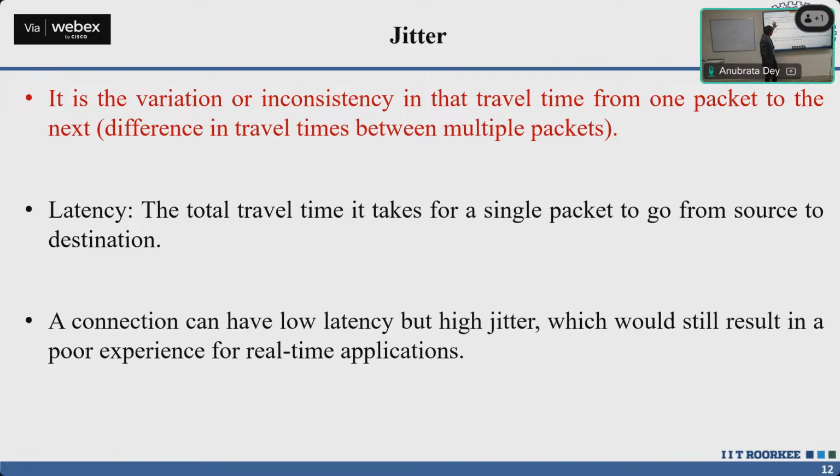Jitter is something different. It is the variation or inconsistency in the travel time from one packet to the next. It is basically the difference in travel time between multiple packets.